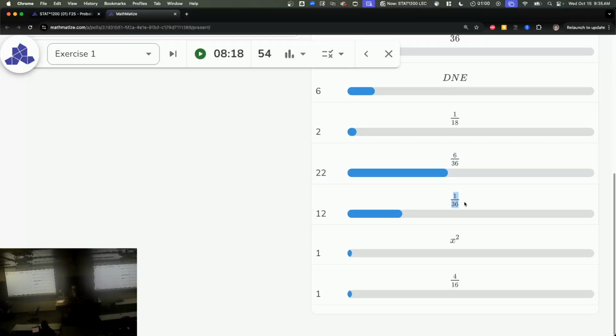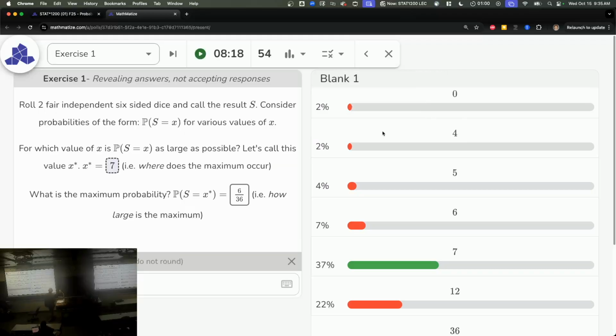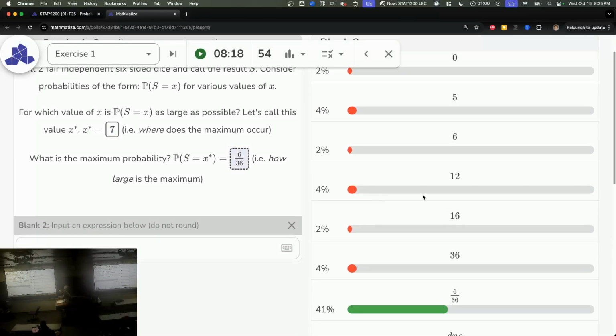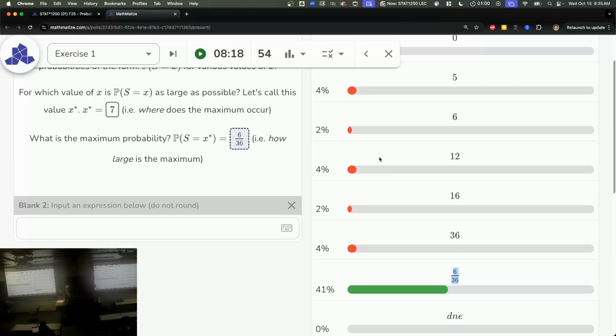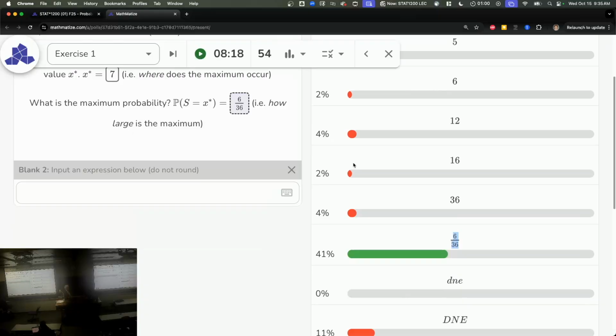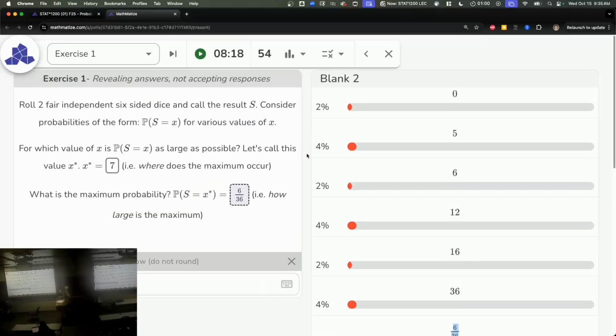Again, if you put in 12 for the first part, and you thought x star was 12, then you would have gotten 1 out of 36. But 6 out of 36 is the correct answer. This is the kind of thing we did in the first week of class. It's 7, and this is really the probability that the dice sum to 7, which was 6 out of 36. It's that diagonal of the big square you got on the first day, if you still have your little table.